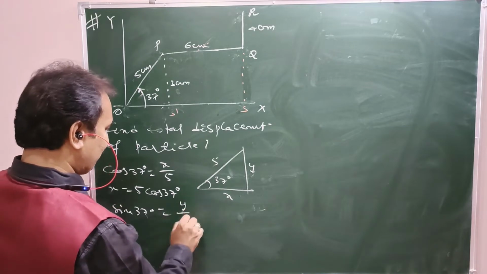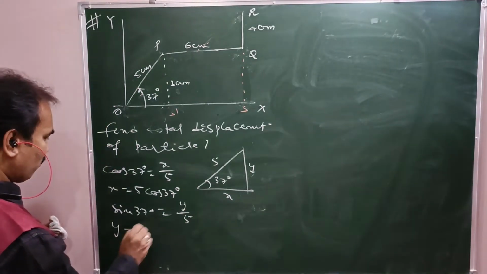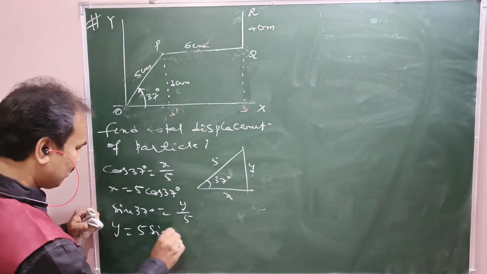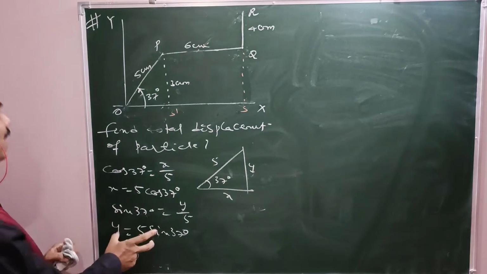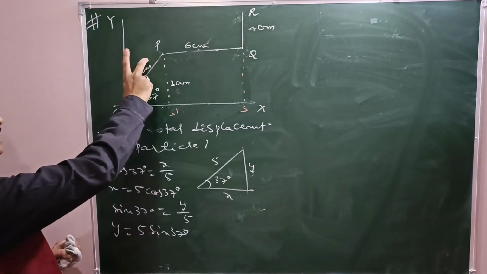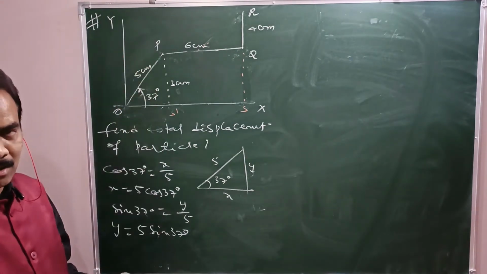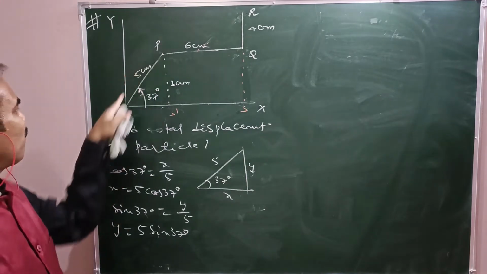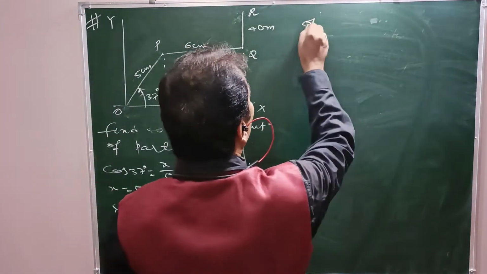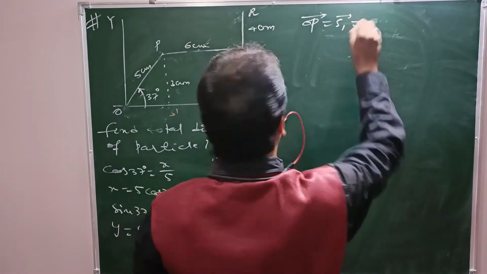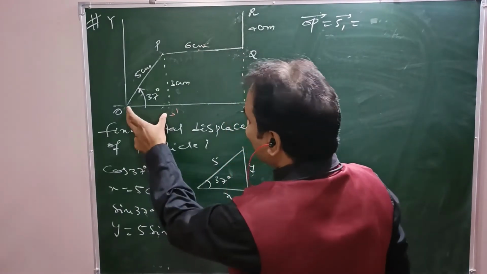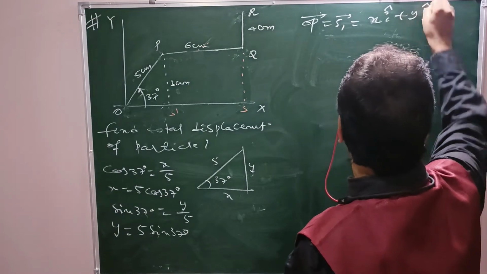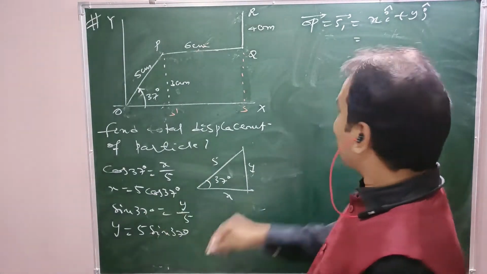So y equal to 5 sin 37. So we have the x component and y component. If I express 5 centimeters in this plane in vector notation, that is x into i cap plus y into j cap. So S1 bar equal to OP bar equal to x into i cap plus y into j cap. What is x? That is 5 cos 37.